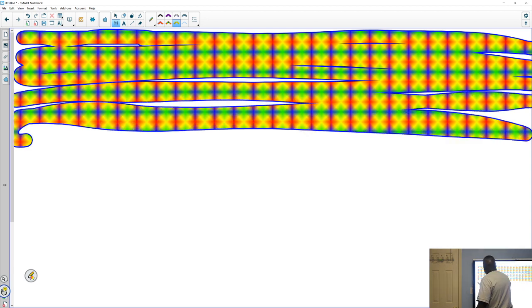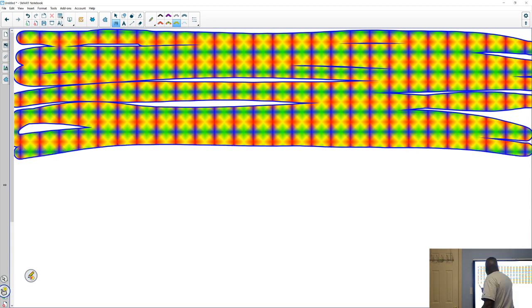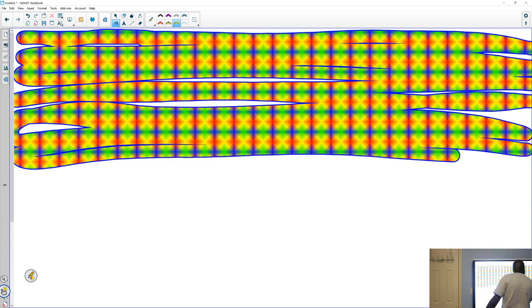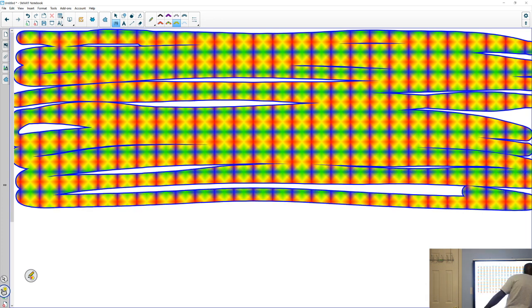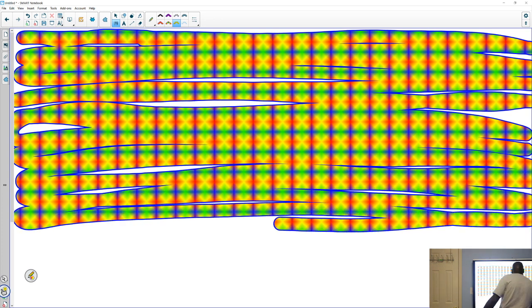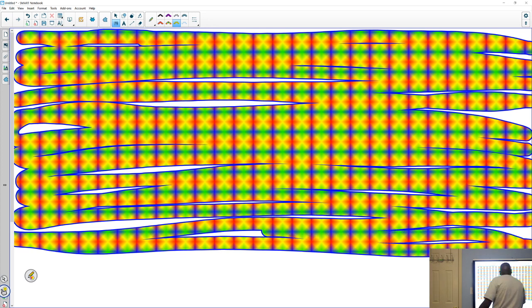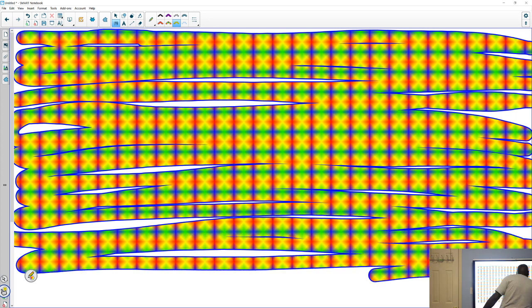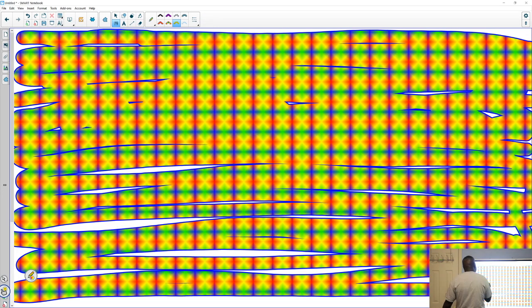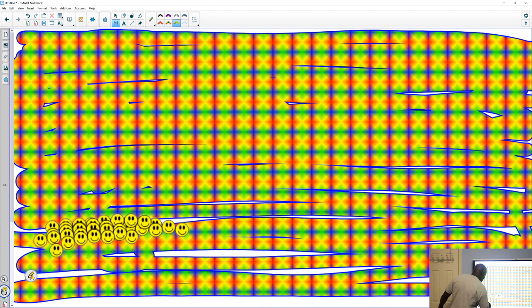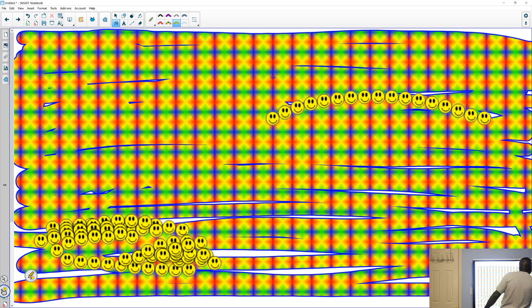I don't know why I like this color so much, but here we go. Okay, cover the little spots up. Here's some of these spots. All right, get some of these spots out of the way. Oh man, come on. What, I didn't do that.